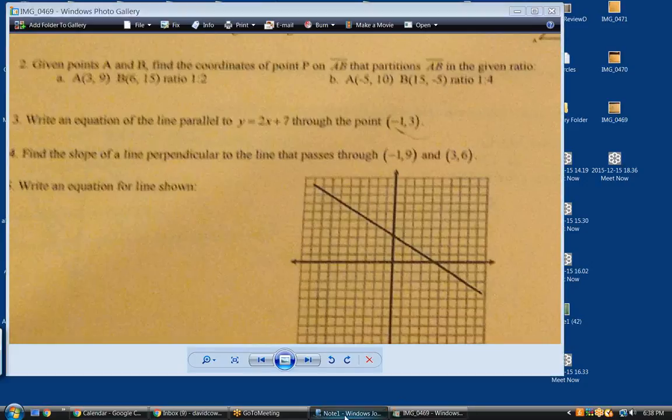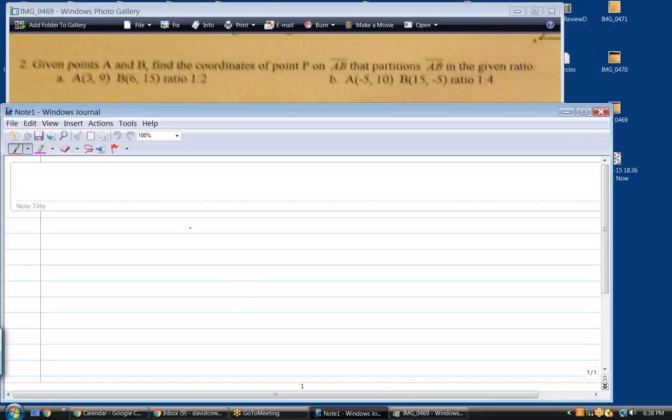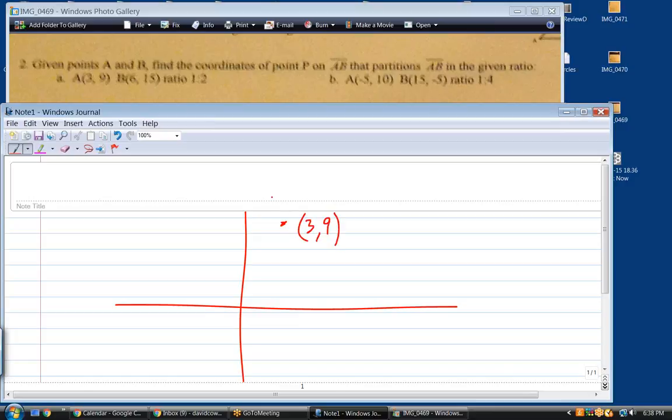I think what they mean, you tell me if this is what they mean: if I label 3, 9, that's point A. And if I label point B as 6, 15, we'll put it up there. Connect them. It says there is a point P on here that has a ratio of 1 to 2.